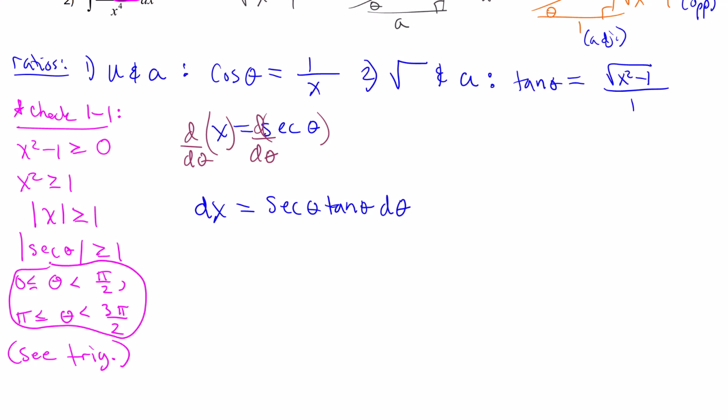And it's also related, of course, to the value of secant and its graph. If the absolute value of secant has to be greater than or equal to 1, then the secant values need to be bigger than 1 or less than -1. You can see that in the graph of secant. That's something you might want to review in trigonometry to make sure you're confident with that. What does that mean?